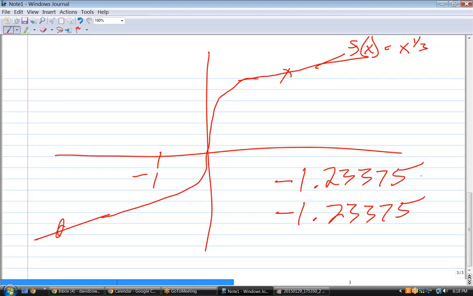Now, it might have varied in the 6th decimal place. Maybe that was a 7 and that was a 6. But there would be a number that each iteration would converge on. And that would be the exact 0 if you were to do it in a calculator or by various other methods.